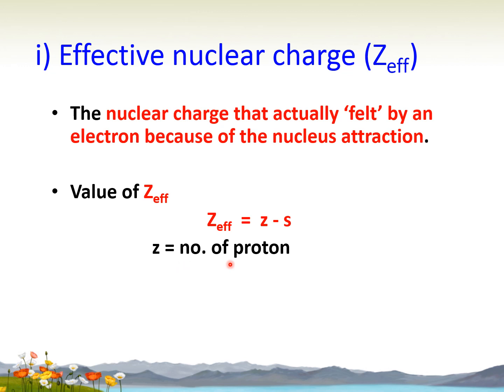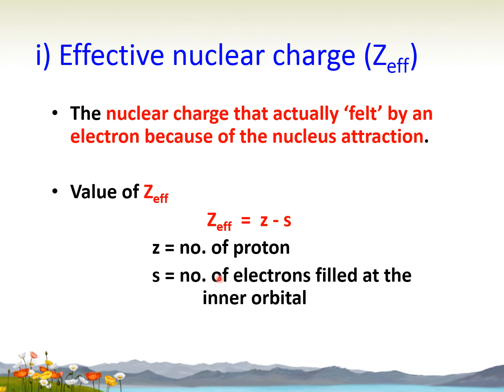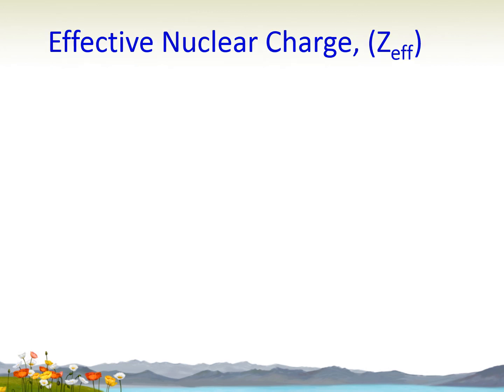Z is the number of protons, and S is the number of electrons filled in the inner orbitals, meaning that it excludes the outermost orbital or the valence orbital. More explanation about Zeff.